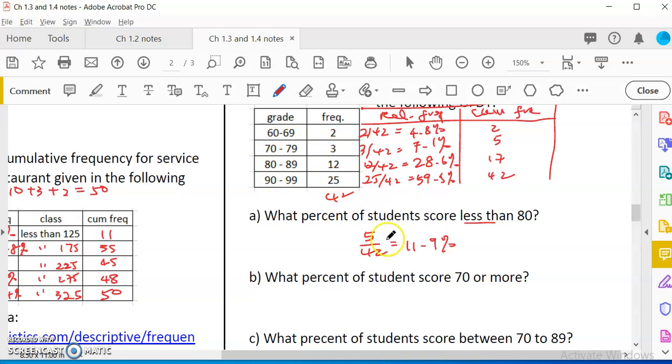So all these, I add the percentages: 7.1% plus 28.6% plus 59.5%, adding them together because I calculated them already. That is 95.2%. So a lot of people pass.